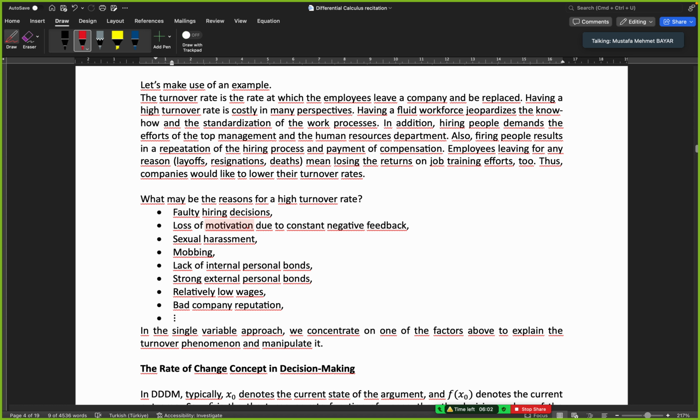Faulty hiring decisions, loss of motivation due to constant negative feedbacks, sexual harassment, mobbing, lack of internal personal bonds or strong external bonds, relatively low wages, bad company reputation, and so on. We may have many reasons for high turnover rate. And collecting data on this phenomenon will help you get control over the situation and fix the high turnover rate and save your company.